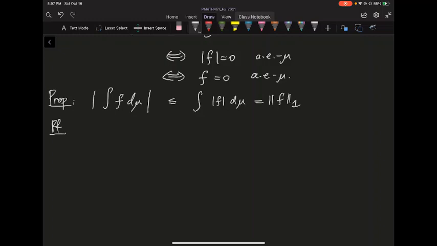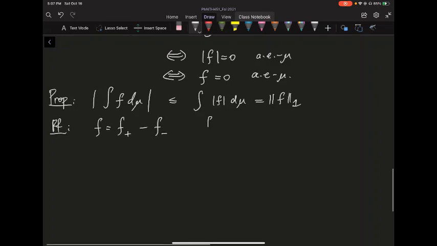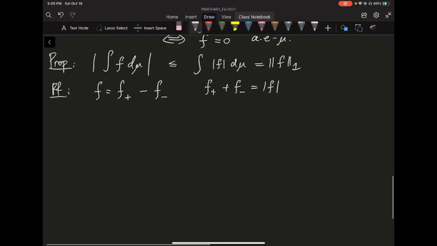The proof, again, we kind of already saw. We break f as f plus, the positive part, minus f minus, the negative part. And we saw that f plus plus f minus, their sum, is just the absolute value of f. So now this is really just writing out the definition.